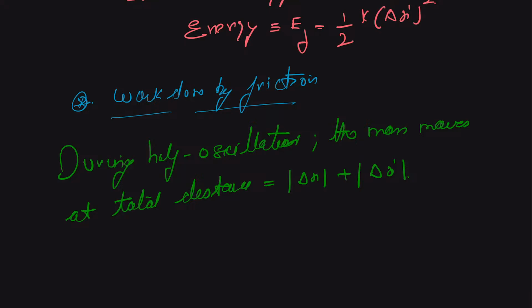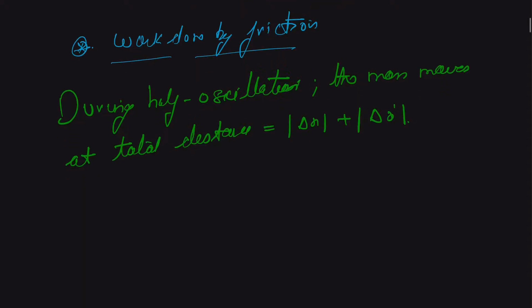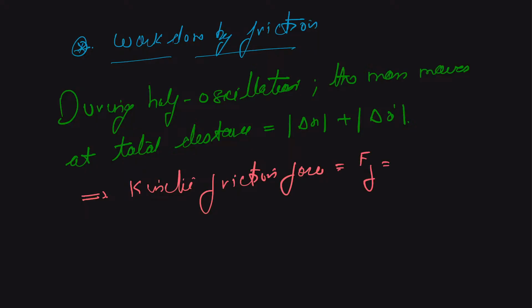And we can also write the equation for the kinetic friction force. So we can say that our kinetic friction force, which is suppose f_f because of friction, will be equal to mu times mg.